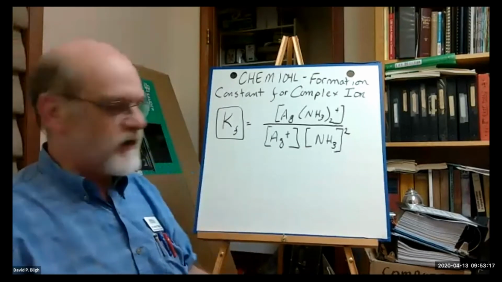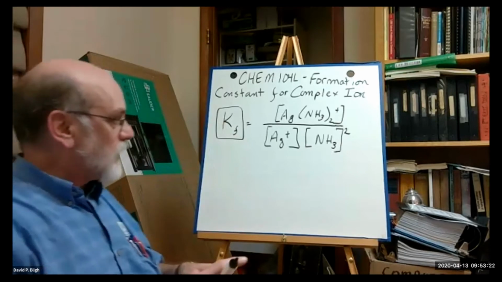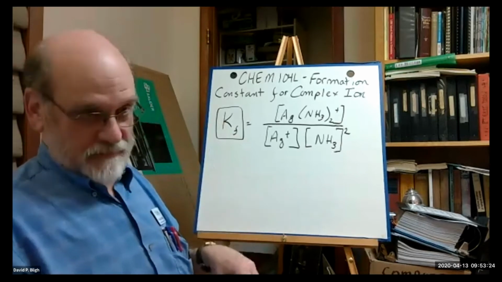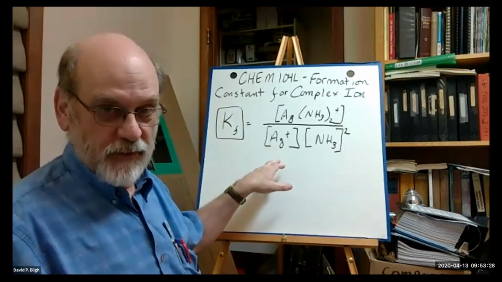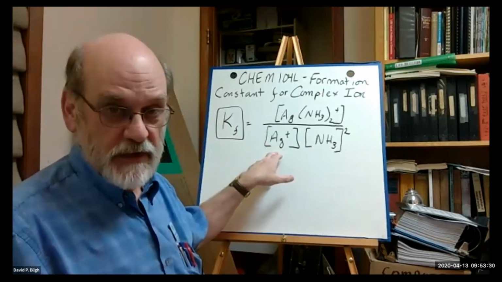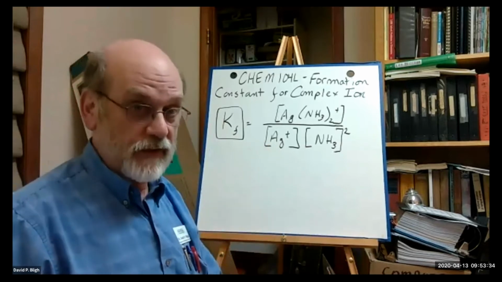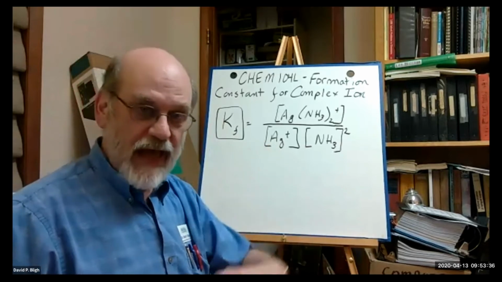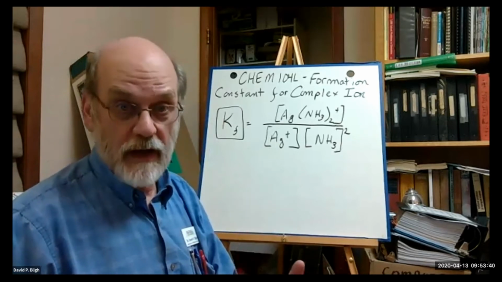So what's that other reaction that we're going to link with this one? Well, think back to our Le Chatelier's principle, and what type of reaction did we use with silver? We had silver nitrate in solution, and we added to it, I think, maybe potassium chloride.